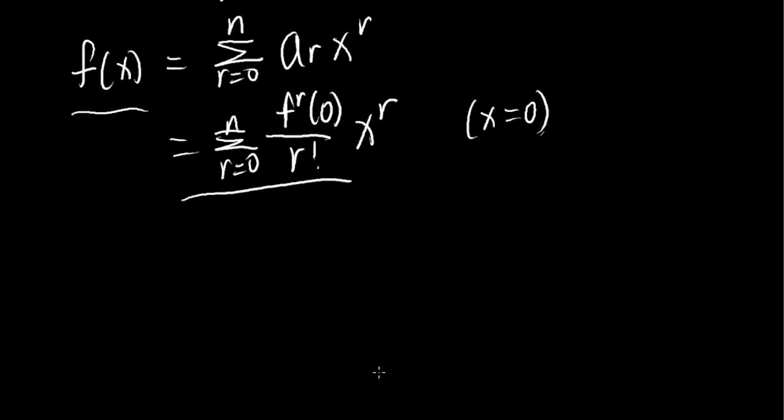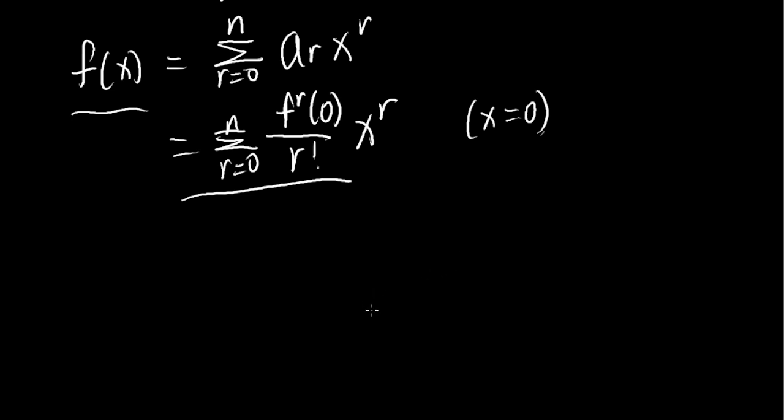You can expand at any point you want, but remember, if you want to expand at any point, you have to use x minus a to get the same effect, which is essentially to first transform the function a little bit.